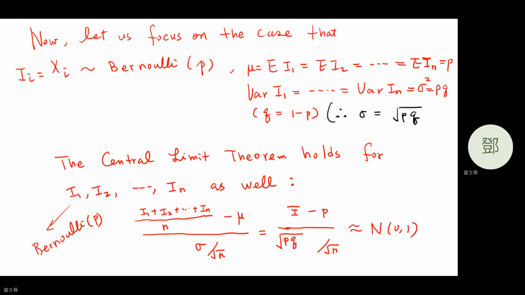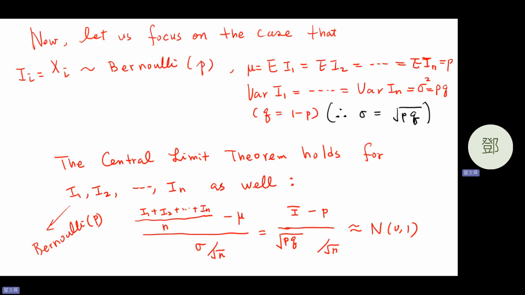So the central limit theorem also holds for I1, I2, all the way to IN. This is always the mean of n random variables. Here we use I bar.